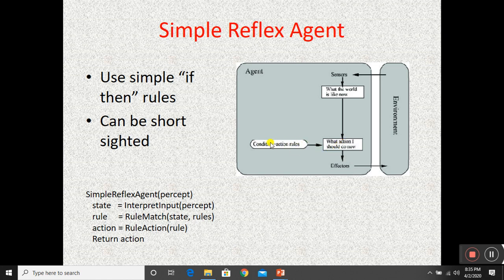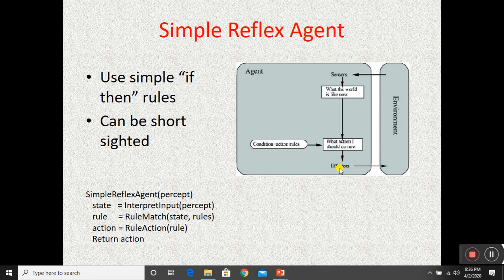It will first check the condition, and it will have action rules. For the smoke sensor, the action rules will be switch on the alarm or switch off the alarm. So if the sensor has sensed smoke from the environment, the action would be to switch on the alarm.